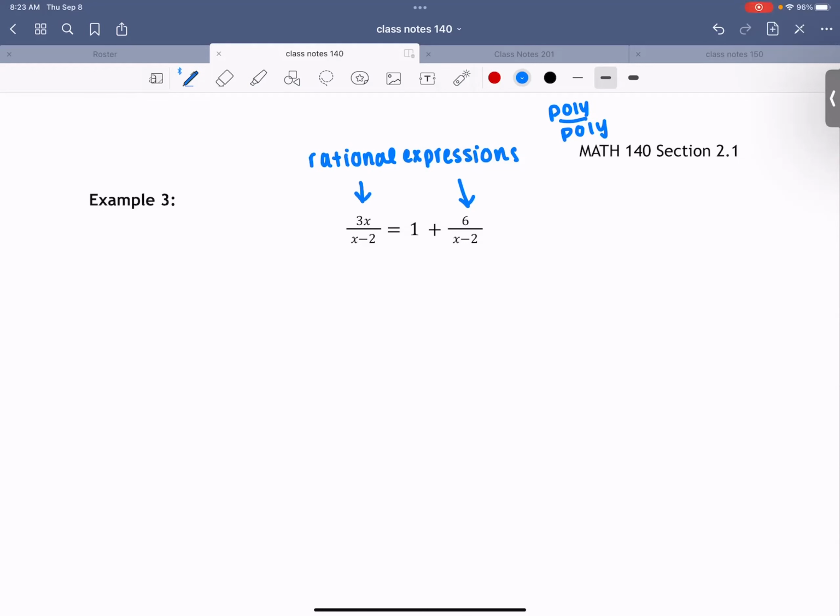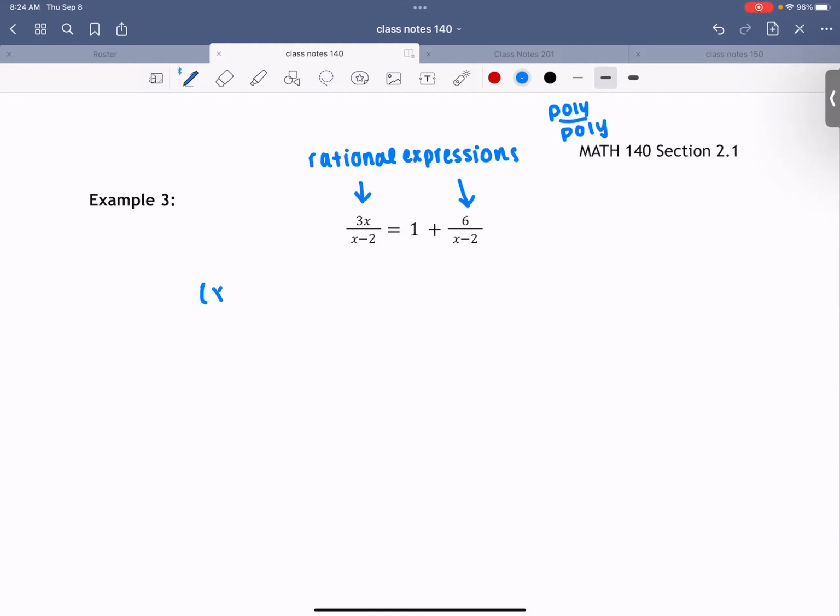Okay, looking at this equation, what do you think we should do on both sides first, Stephen? Good, right? That seems like a good idea. Just like we had 2 in the denominator on the first equation that we solved today, x minus 2 is in the denominator, so maybe we should multiply both sides by x minus 2, okay? So I'm going to do that.